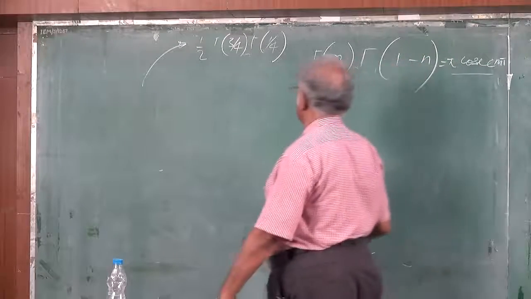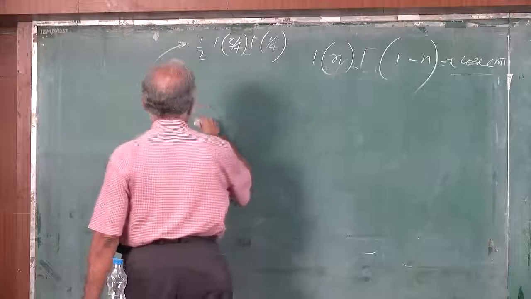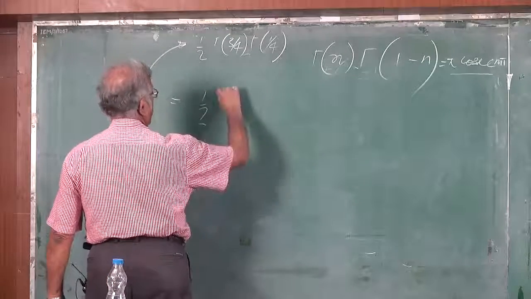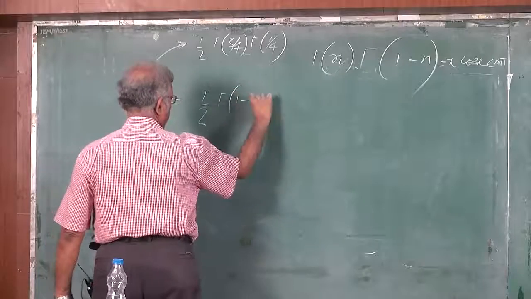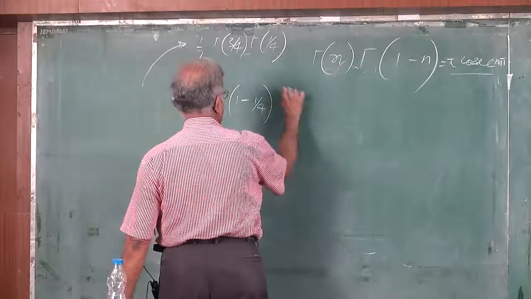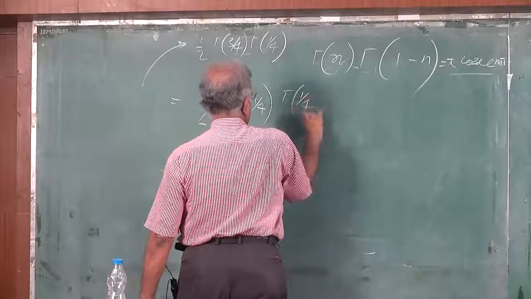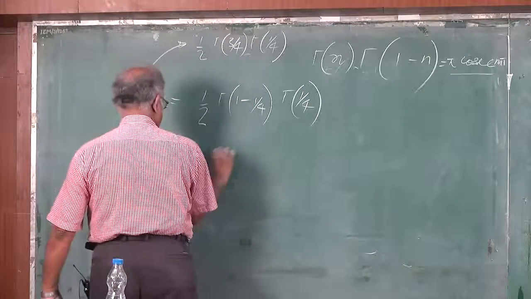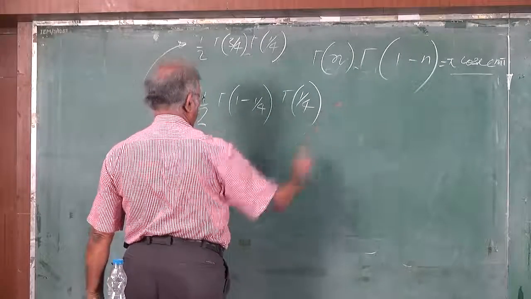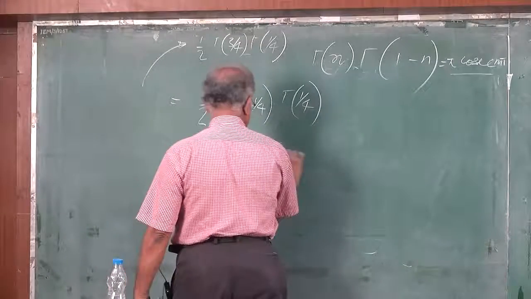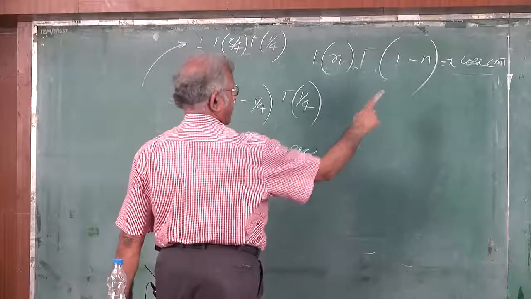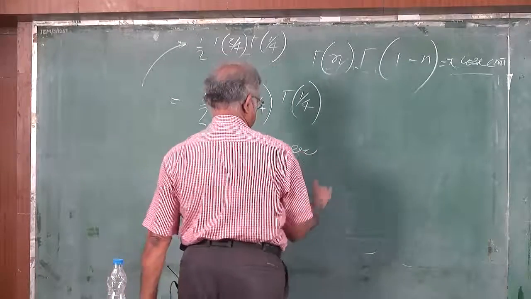There we are. Now, this is equal to half gamma of 1 minus 1 by 4, that is 3 by 4, gamma 1 by 4. So this is half of pi cosec pi by 4.